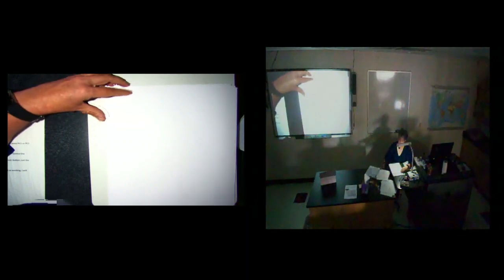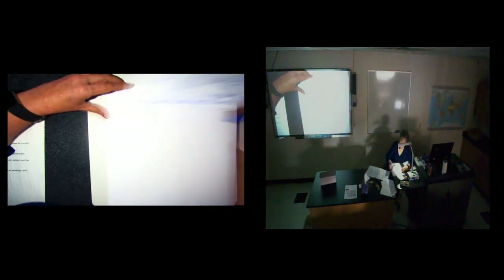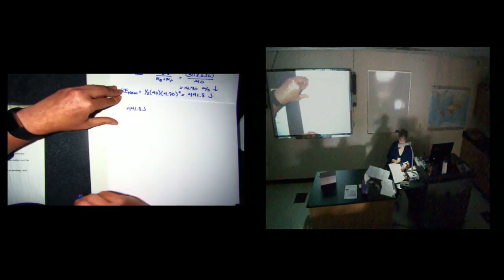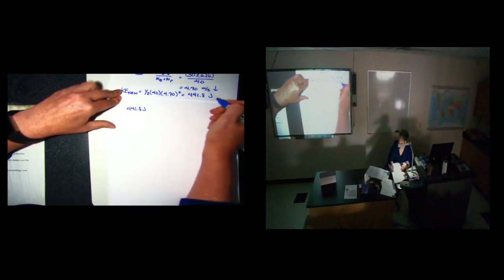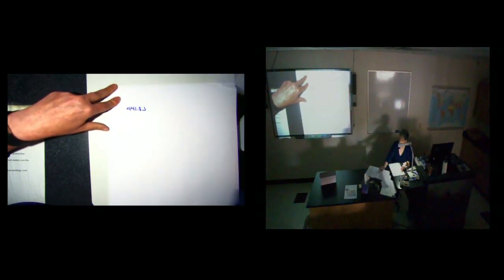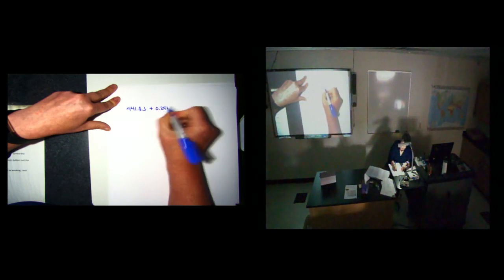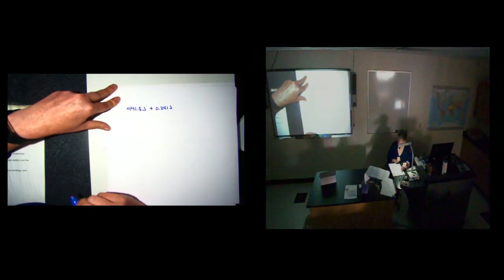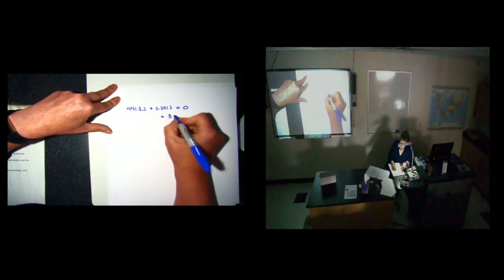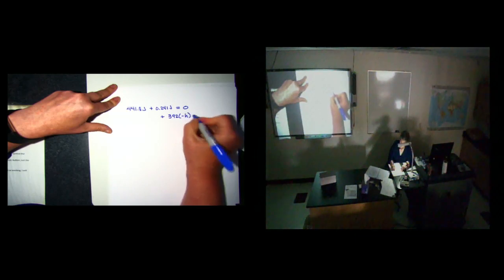But h, recall, is x2 minus x1. So I can plug that in. So now I'm going to get 442 is equal to 392, and I have a minus here, and I get x2 minus 4.91 times 10 to the minus third plus 1/2 20 10 to the third x2 squared.